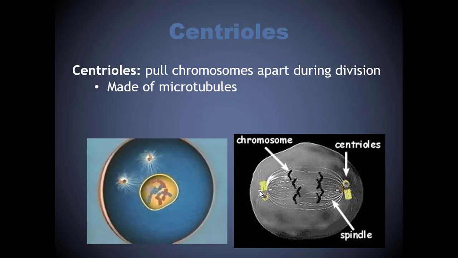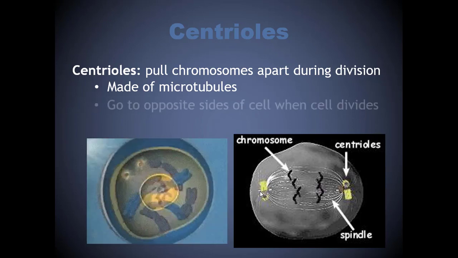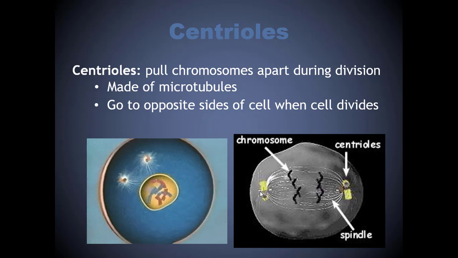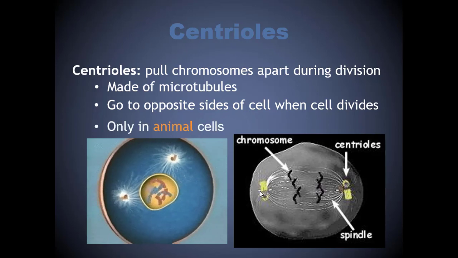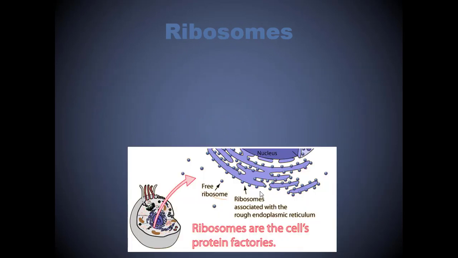So let's move on. They go to opposite sides of a cell when the cell divides. As I've already said, we find them mainly in animal cells. Then we go to the ribosomes. Ribosomes are very important for the formation of proteins.